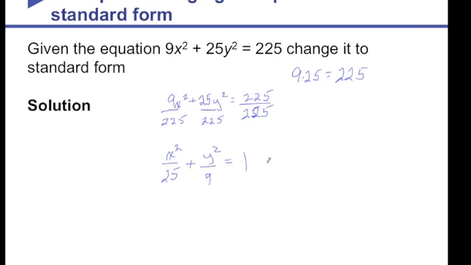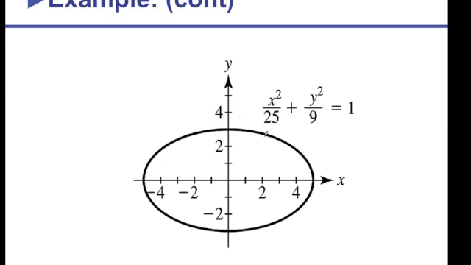So this is an ellipse, a picture of that horizontal ellipse. Vertices at (5, 0) and (negative 5, 0). The minor axis endpoints will be at (0, 3) and (0, negative 3).